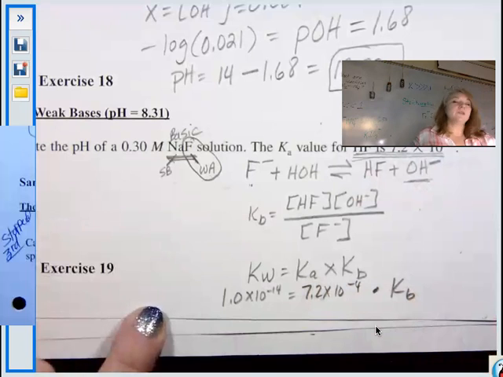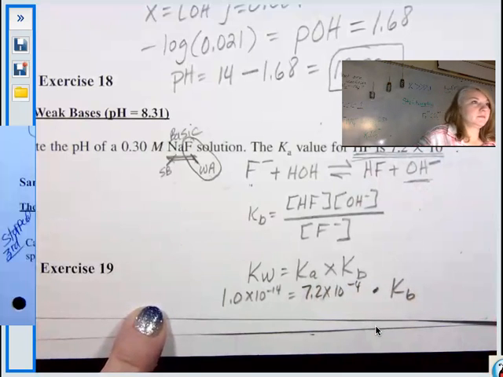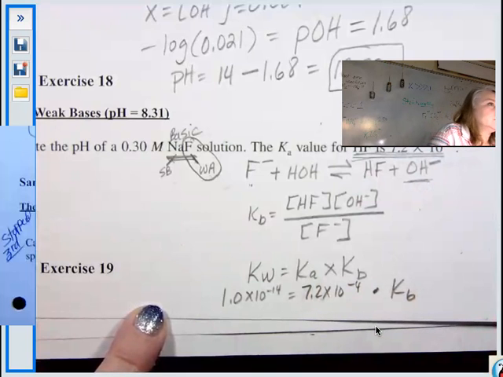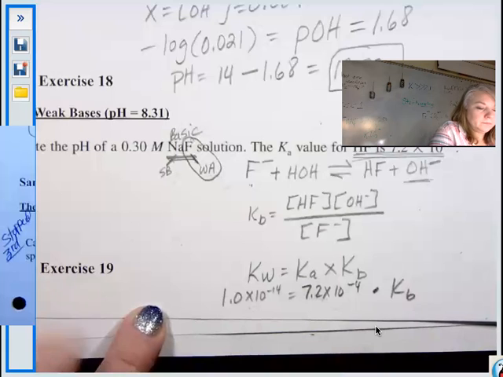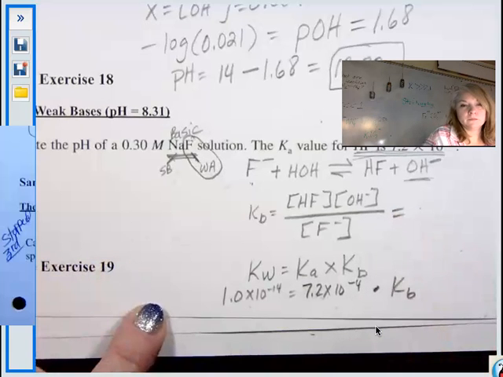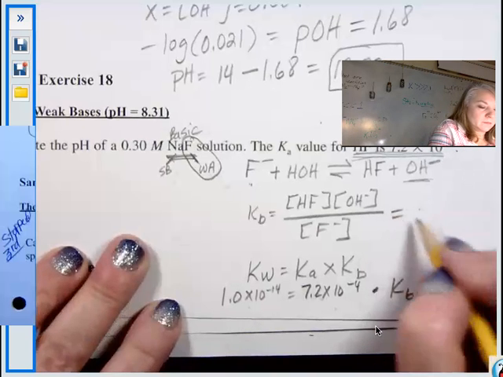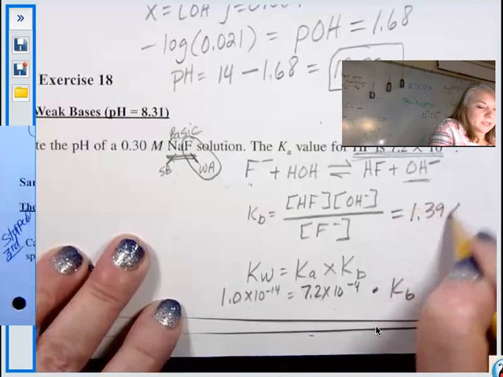So, real quickly, solve for the Kb value for this base. You're just going to divide. Move it over: 1.0 times 10 to the negative 14 divided by that. That gives 1.39 times 10 to the negative 11.